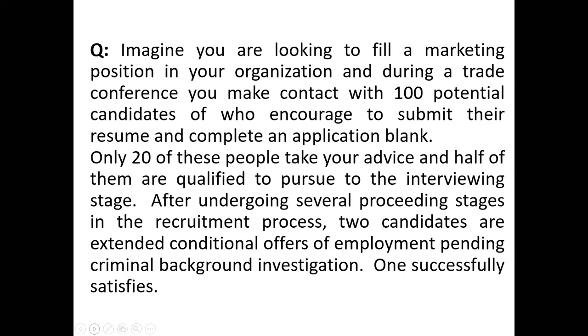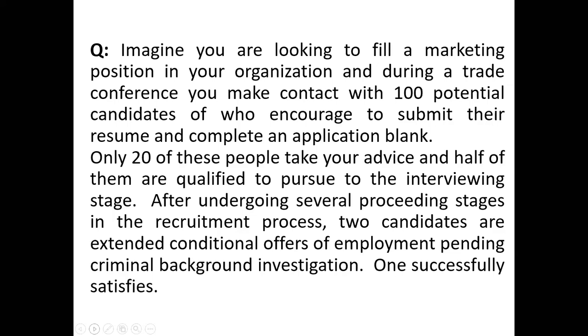You go to a recruitment fair or trade show. Point is, you're in this huge auditorium, you're working the table, you're representing the brand. You're shaking hands with 100 potential candidates, and you have a little pre-screen conversation.